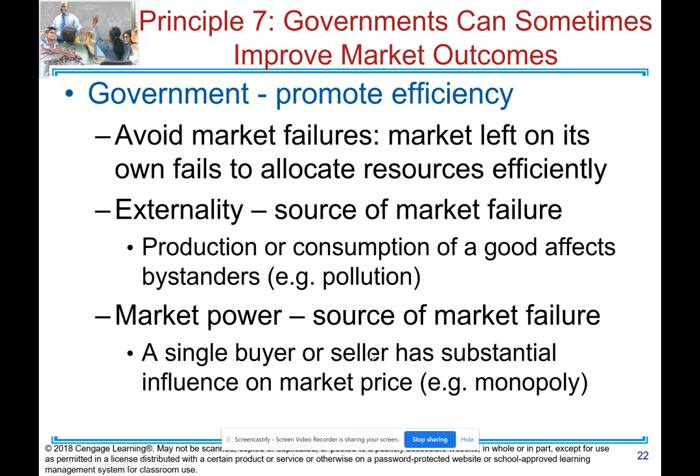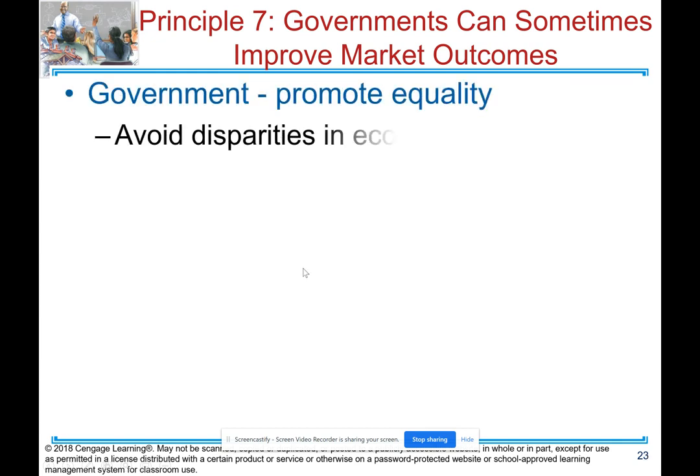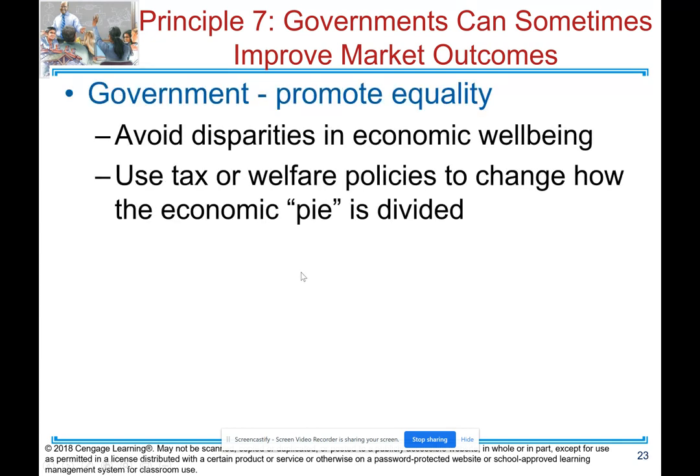Anytime monopoly exists in the marketplace, efficiency declines and the market fails. And the role of government comes in here to correct for market power and encourage competition, and also to correct for externality to ensure that markets function properly. Governments also promote equality.